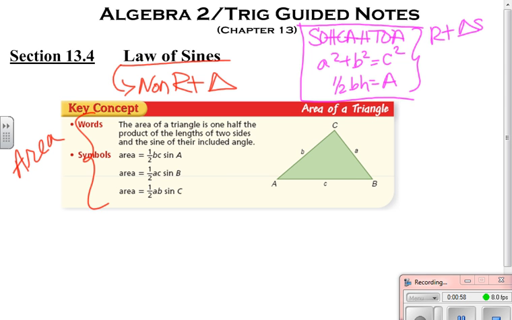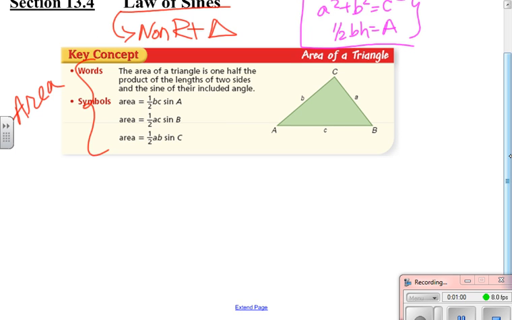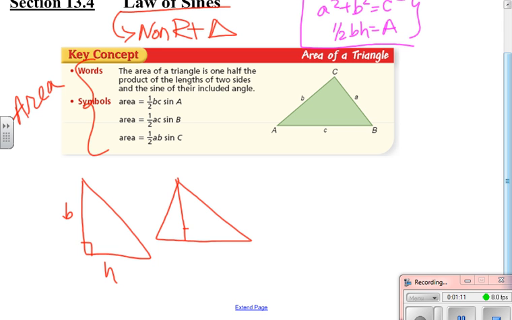Up until now, the only way we could find the area of a triangle is if you had the base and the height, you had a picture like this with the height and the base, or you had a triangle like this where you had your height and your base.